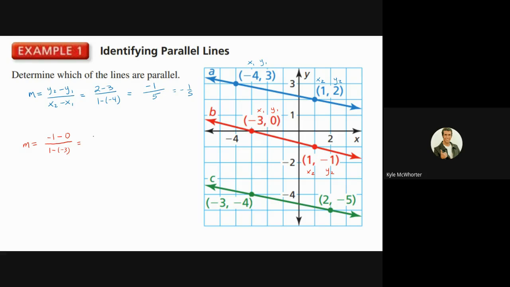Negative 1 minus 0 is negative 1. 1 minus negative 3 is 1 plus 3, so that's 4. So the red line has a slope of negative 1/4.